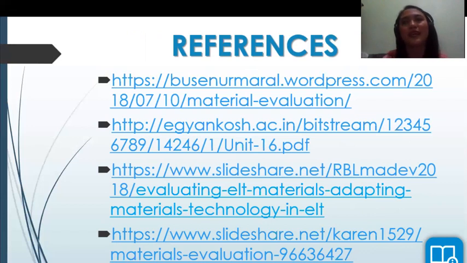So remember that materials evaluation is one of the most important things that we teachers must do, because as we do this, we are helping not only ourselves and learners, but we are also upgrading the way we think about materials, about using materials.